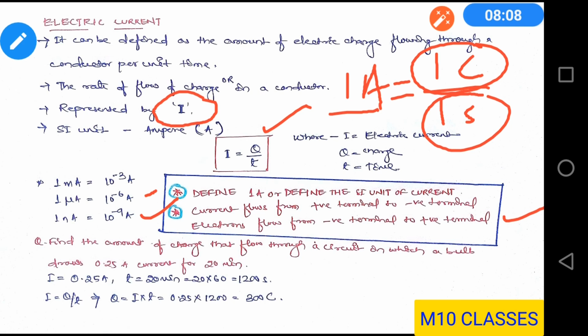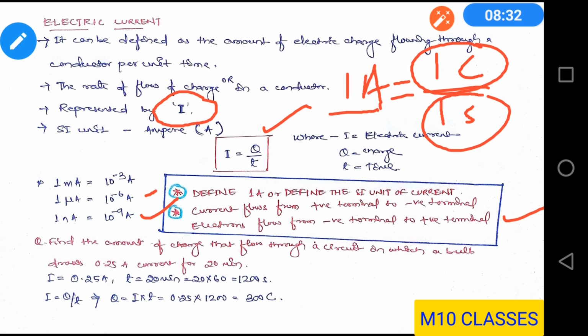Now let us see a numerical. Find the amount of charge that will flow through a circuit in which a bulb draws 0.25 ampere current for 20 minutes. Listen students, as in the previous classes also I have told you, whenever you are given a numerical, first of all write the data. So what is the data you are getting from here?